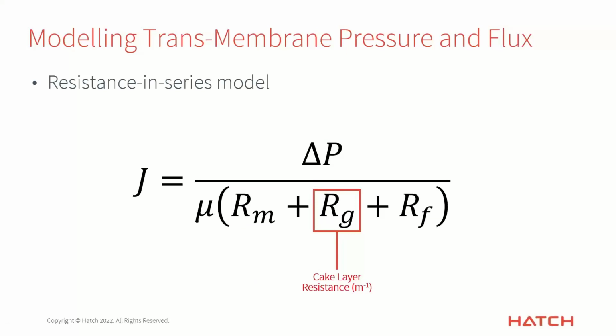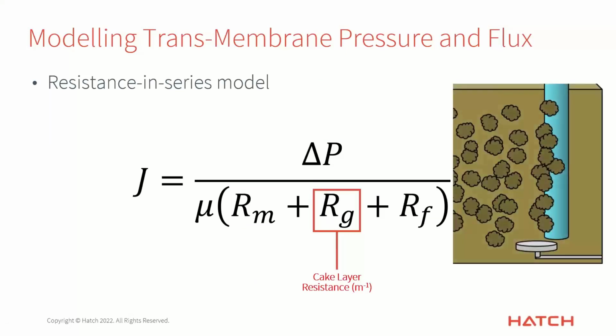The cake layer resistance is a two-step process to figure out. As I was showing you earlier, basically we're going to calculate this resistance as a function of how much solids are on the membrane surface. And of course, this goes up and down as backwashing happens. So essentially we use a calculation to get from the total mass of the solids on the surface to a thickness.